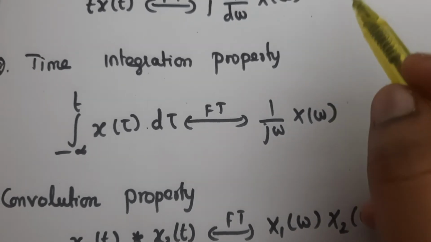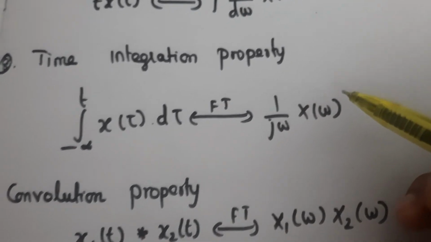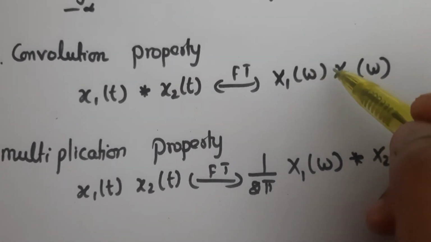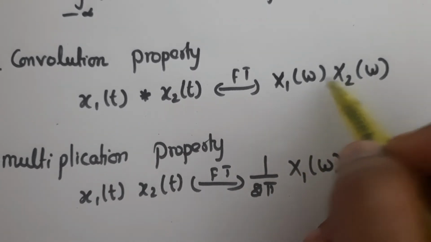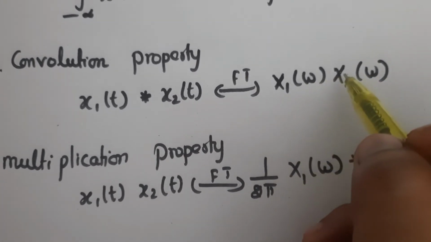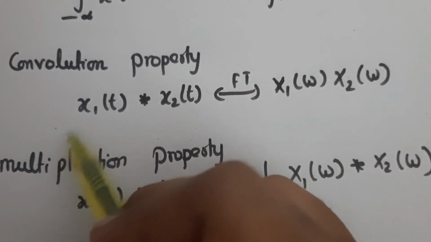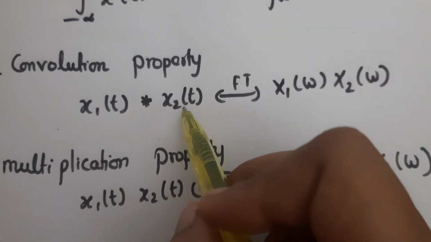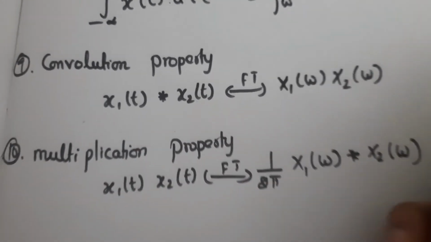This is the difference between differentiation and time integration. Similarly, the convolution property: convolving two signals in time domain equals multiplication in frequency domain, so x1 of t convolved with x2 of t has Fourier transform X1 of omega into X2 of omega.